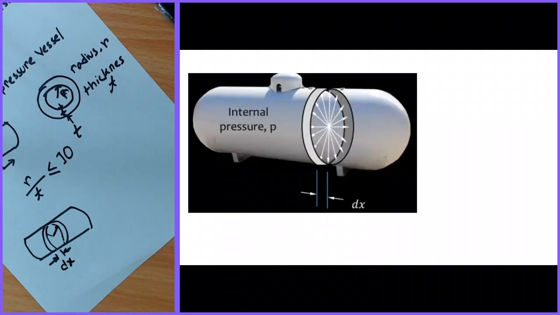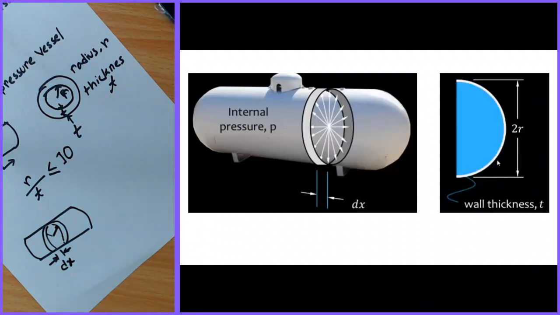Now I take this hoop and I cut it in half, and I get a semicircular section. You see this blue is actually the fluid, and this white circumference is the wall of this tank.